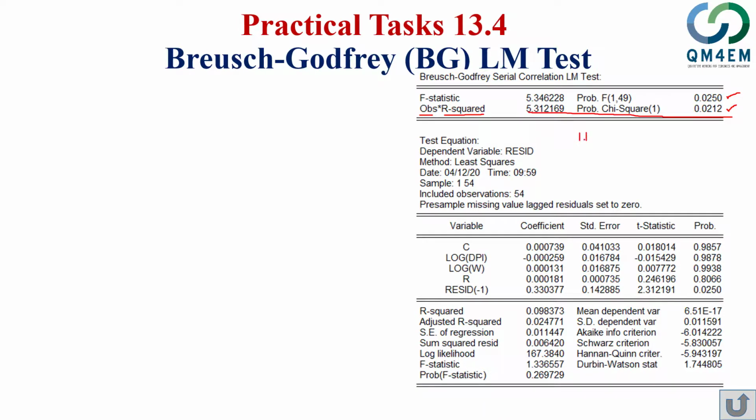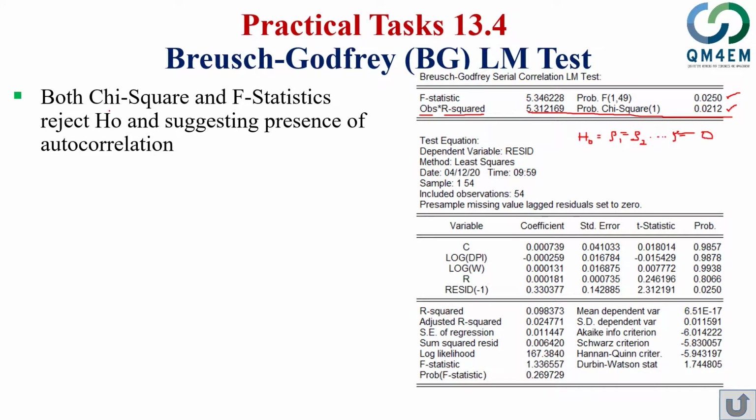H0 was rho 1 equals rho 2 equals all rho equals 0, or there is no autocorrelation of order q. And H1 was that there is autocorrelation. You can see the output as well, different variables, their coefficients, their standard errors. So both chi-square and F-statistics confirm that there is a problem of autocorrelation.